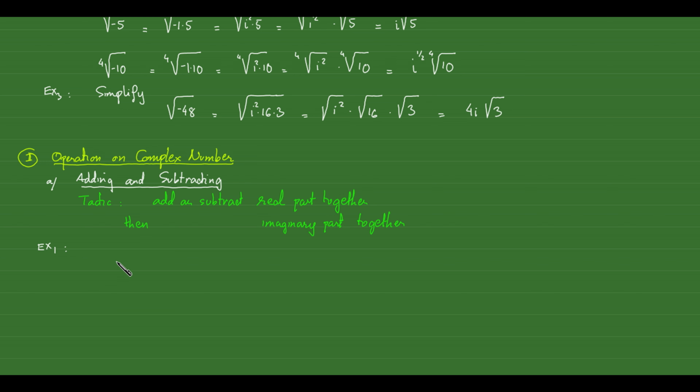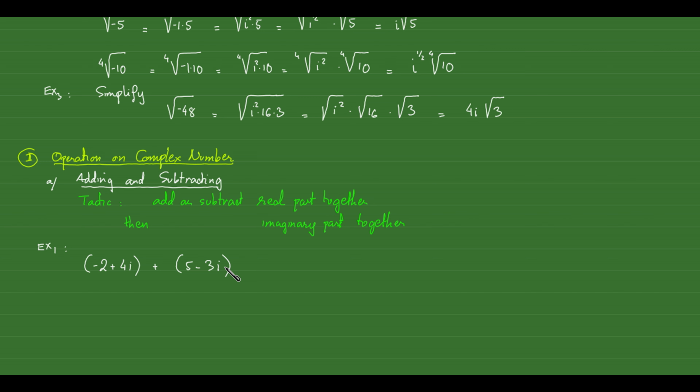Now, what if I have two complex numbers like this? The first complex number is negative 3 plus 4i, and I want to add another complex number, which is 5 minus 3i.